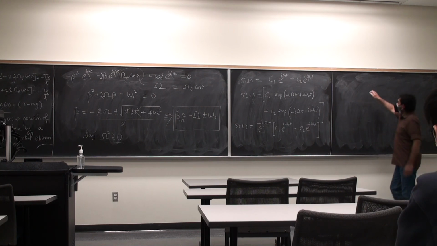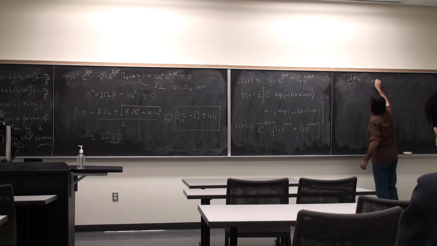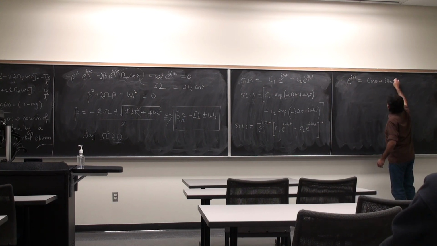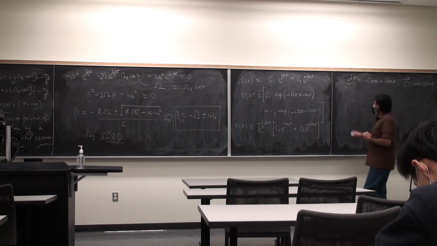Expand it out. E to the power I theta is cos theta plus I sin theta. I'm just going to write the formula and then write the final expression. I don't think we want to waste our time expanding it here. E to the power minus I theta is cos theta minus I sin theta. Maybe do one expansion.